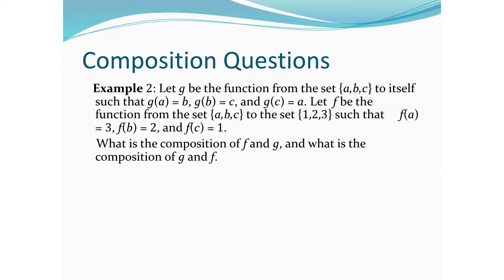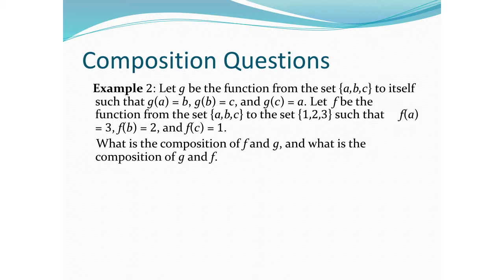Now, how would I solve such an example? The first thing I will do is write the two sets and the two mappings between them. My starting point is not going to be anything else, rather just defining the implementation of the two functions. So we have the first set, which is A, B, C, and another set, which is A, B, and C. Now we have a third set, which is 1, 2, and 3.